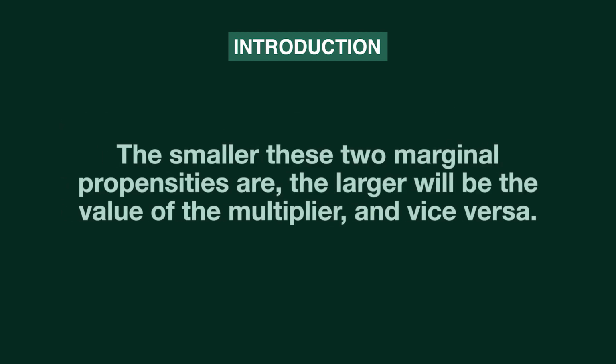Now, the change in demand for domestic goods will depend on the marginal propensity to save or marginal propensity to consume, and the import demand will depend upon the marginal propensity to import. Mind you, import and savings both indicate a leakage from the domestic demand for goods and services.